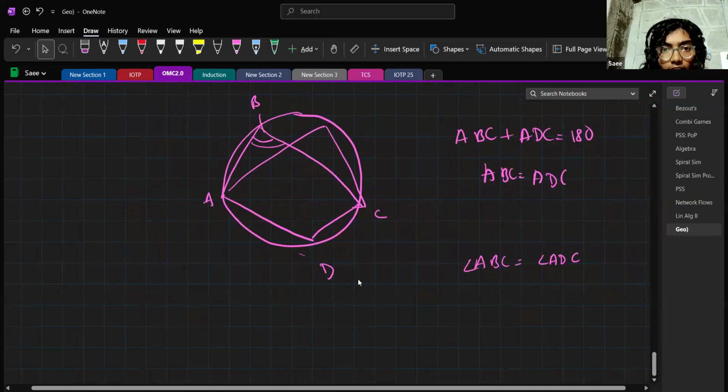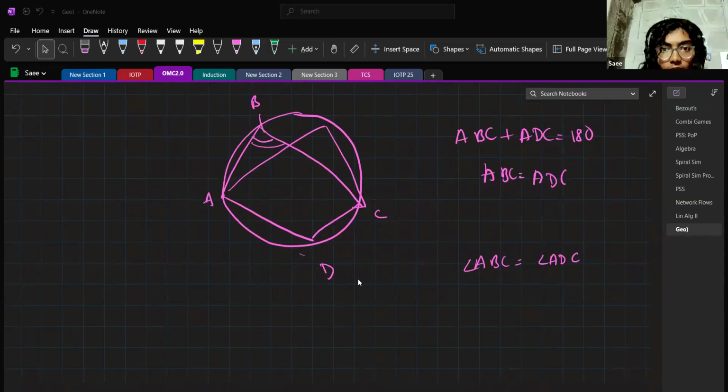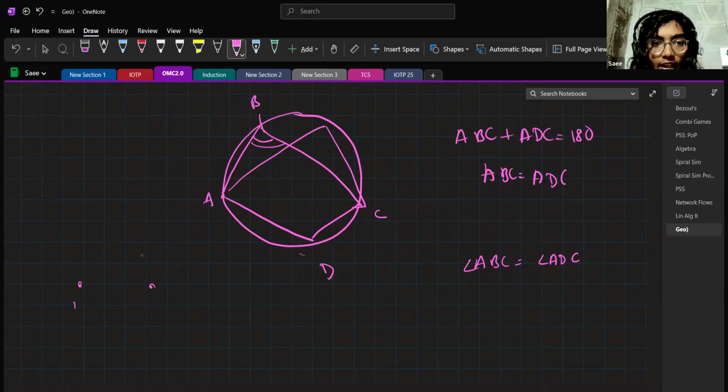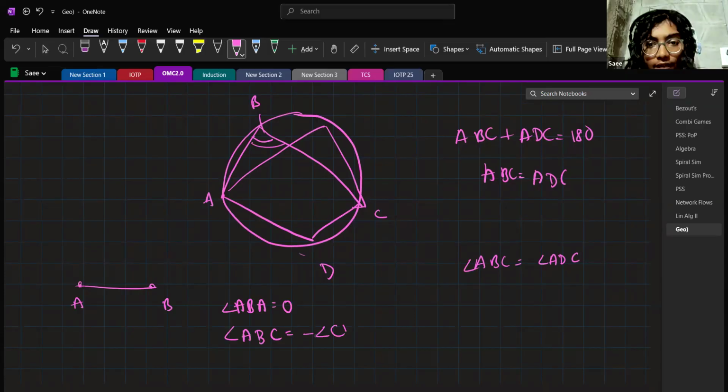so there are some rules that we follow. For example, for any 2 points A and B, the directed angle ABA is always defined to be 0. Then this one rule that Sanskar mentioned, angle ABC is always the negative of angle CBA.